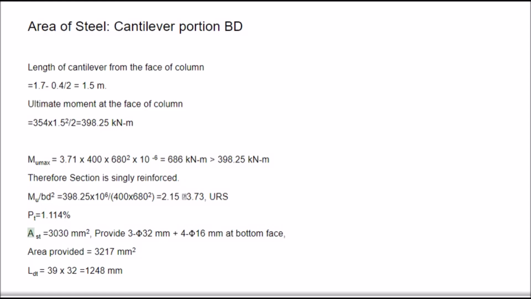Ast equals 3030 mm². Provide 3 bars of 32 mm plus 4 bars of 16 mm at bottom face, area provided equals 3217 mm². Ld equals 39 x 32 equals 1248 mm.